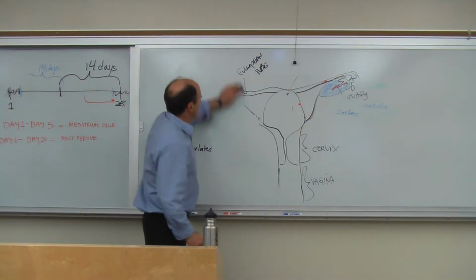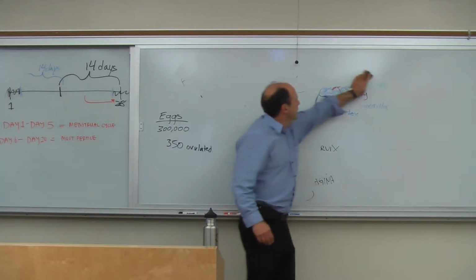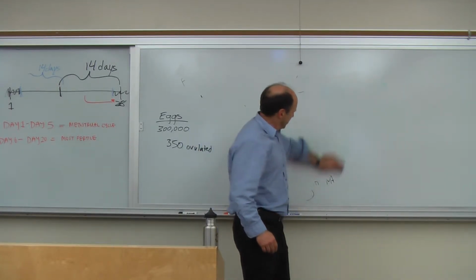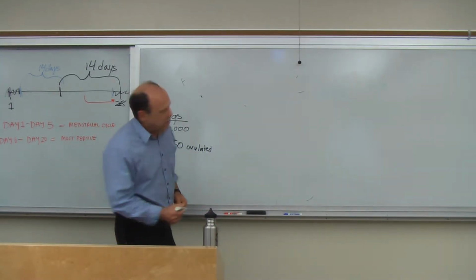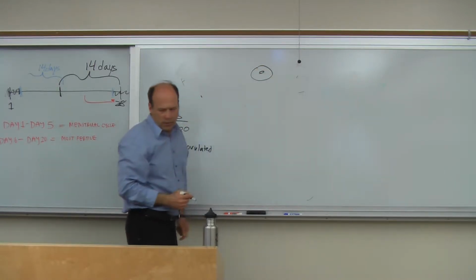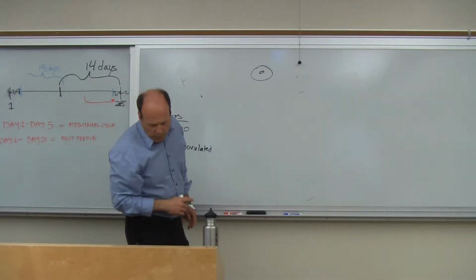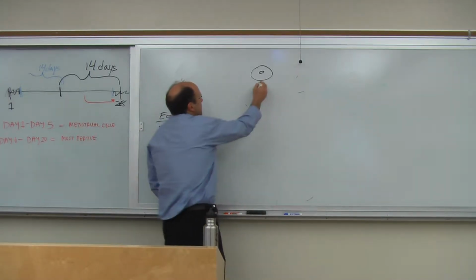Things are getting boring. Let me draw some diagrams here for a minute. Okay, so when you start out with an oocyte, initially there's some stromal cells hanging around and some follicular cells.